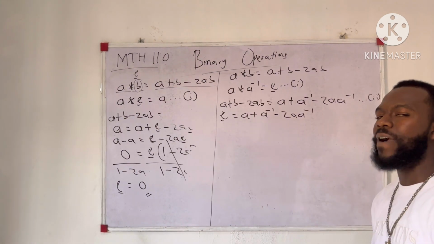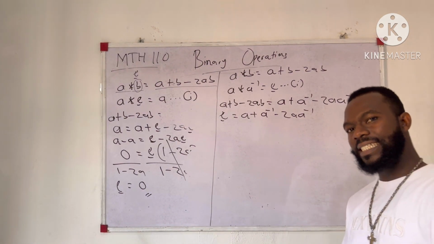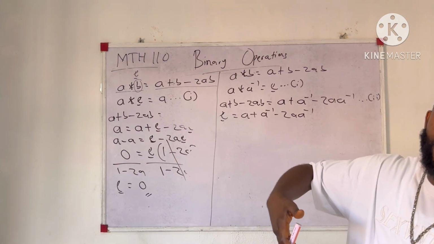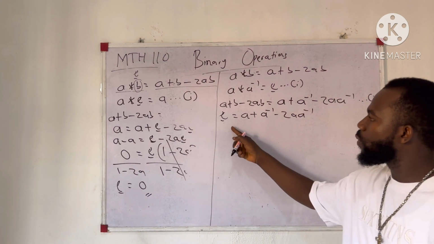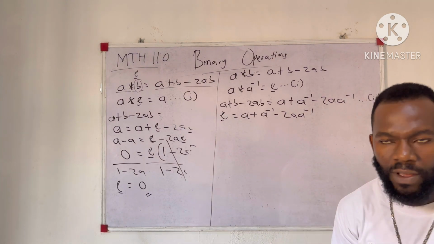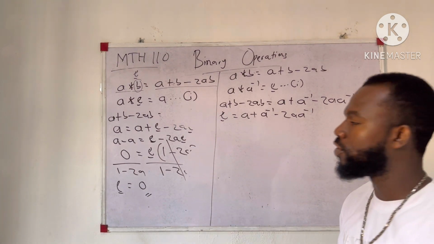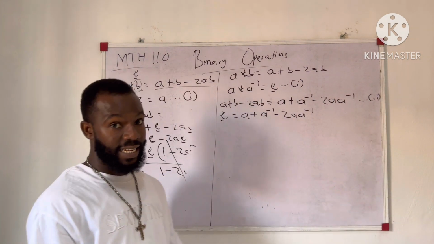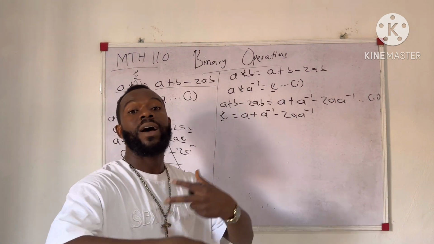For example, they will tell you find the inverse of 5 if the identity element is 4. So whenever you have the identity element you put 4. But here we were not given any values, so our identity remains our identity, and our inverse remains our inverse.